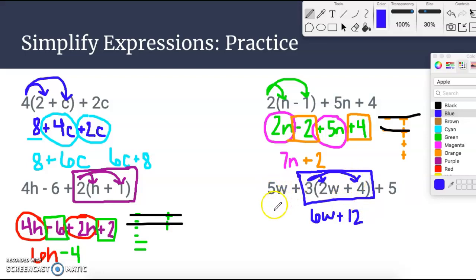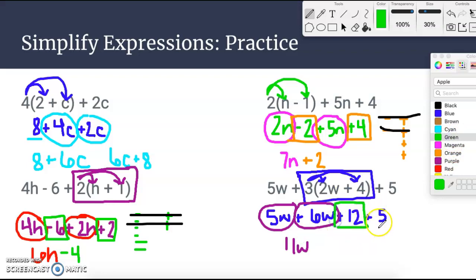Bring down those extra pieces. This is 5w. This was a plus 3, so we're going to put a plus sign here, and then plus 5 at the end. And now we're going to combine our like terms. 5w plus 6w makes 11w. And then positive 12 plus 5 makes positive 17.